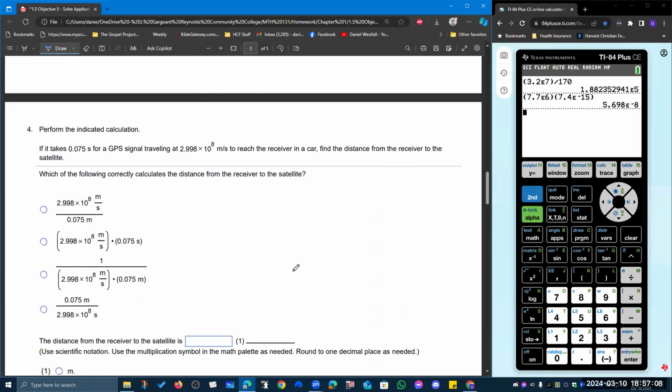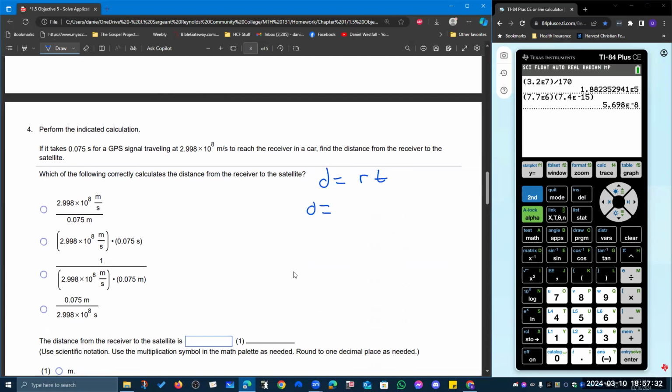If it takes 0.075 seconds for a GPS signal traveling at 2.998 times 10 to the 8th meters per second to reach the receiver in a car, find the distance from the receiver to the satellite. So D equals RT.